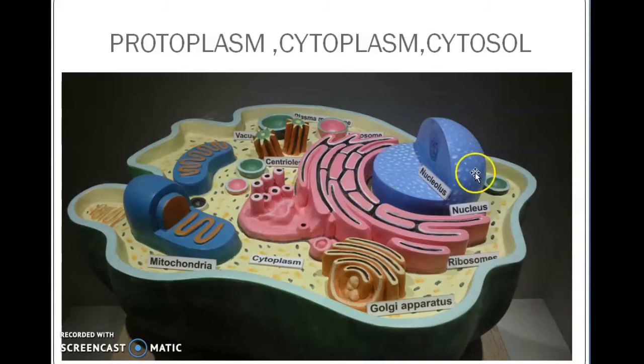If we leave the nucleus, all the content that is present outside the nucleus and inside the plasma membrane or cell membrane is cytoplasm. And now what is cytosol? Cytoplasm excluding cell organelles, or we can say cytoplasm minus cell organelles, is called cytosol. I hope it is clear to you what protoplasm, cytoplasm and cytosol are.